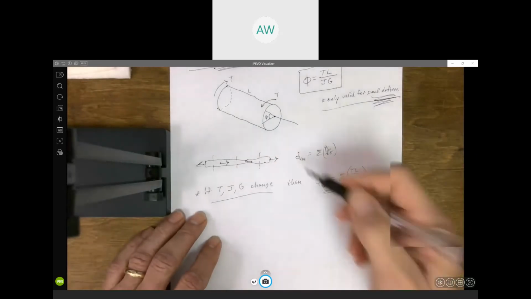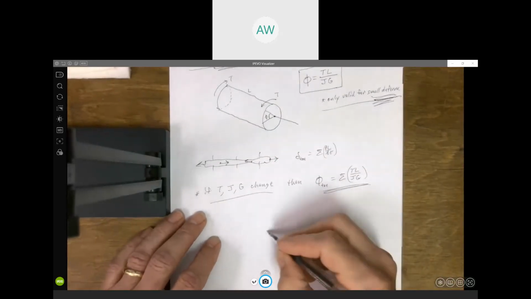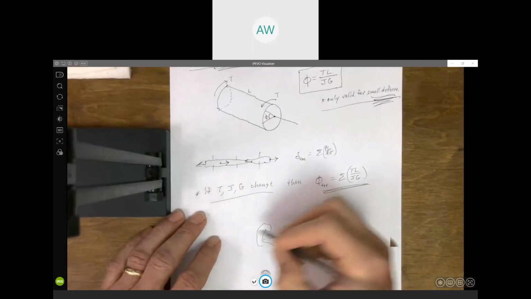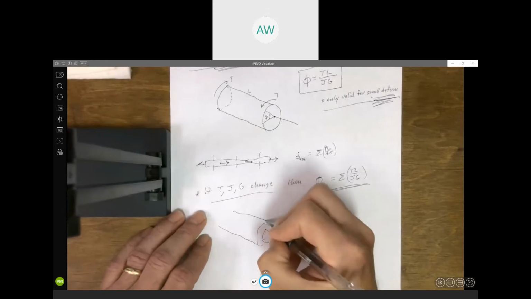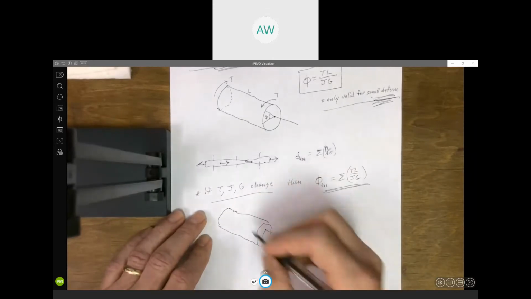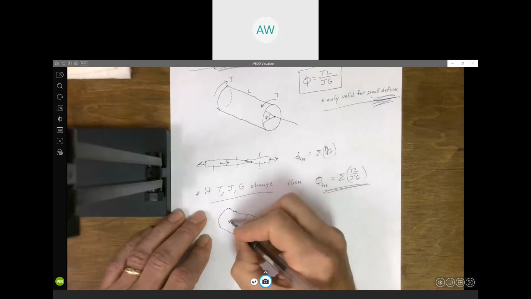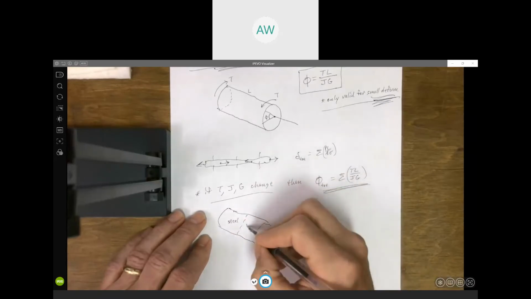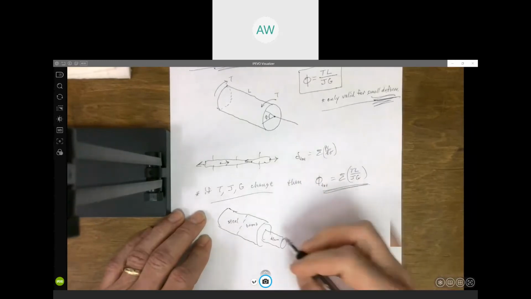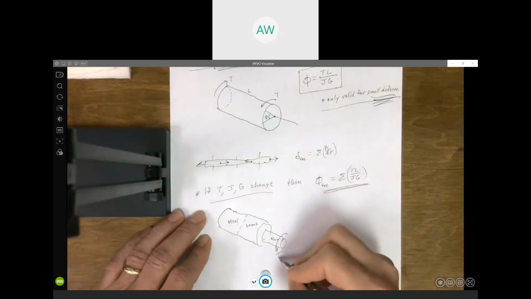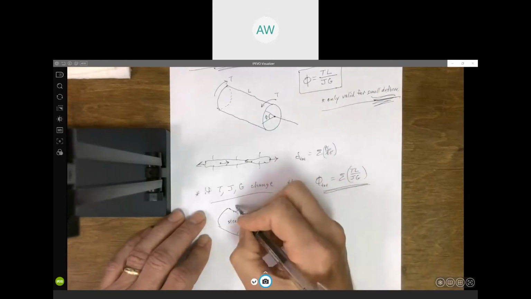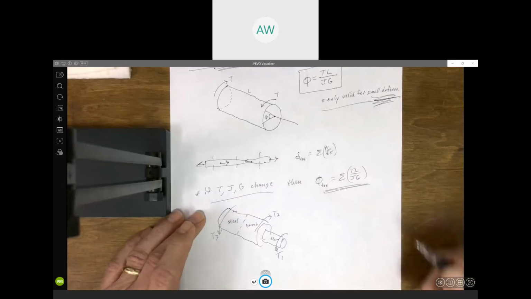So instead of different axial loads, maybe the cross-section changes. Maybe the material changes. Maybe this is steel and bronze and aluminum. And maybe we've got one torque going this way, a different torque going this way, and another torque going this way.